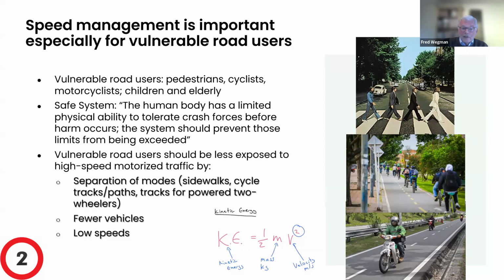A second approach is that you would like to reduce exposure to risk by allowing fewer vehicles. And I talked about that if you talk about these low speed zones, that you try to eliminate through traffic, re-routing. And the third approach then is to lower speeds. So here you have the three main areas where you can act. Next, please.